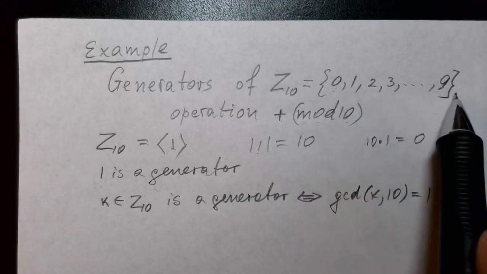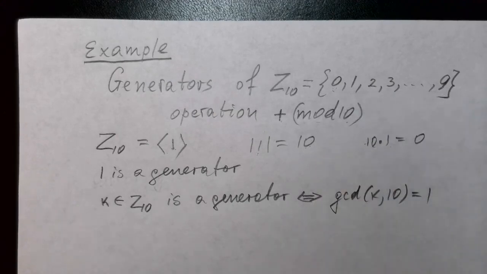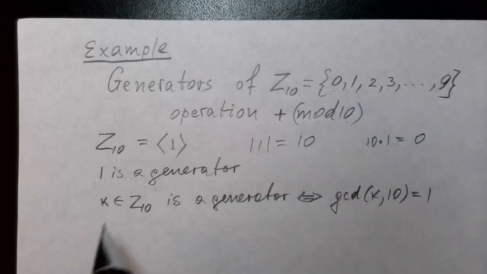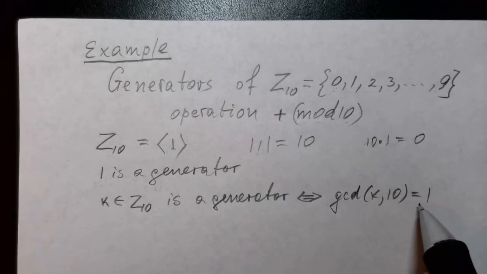So we go over the numbers in Z10 and determine when we get GCD 1.